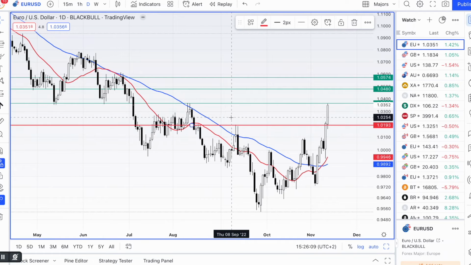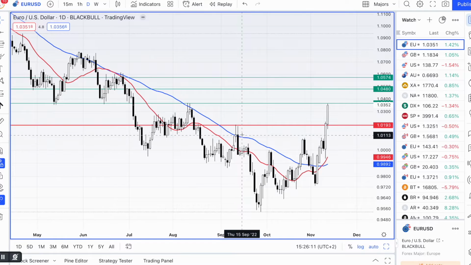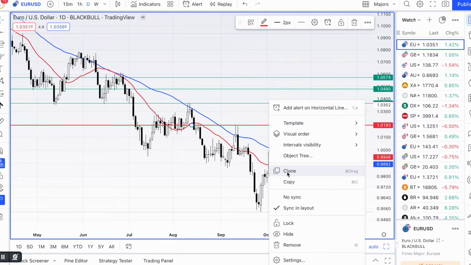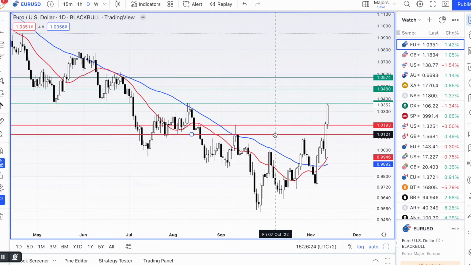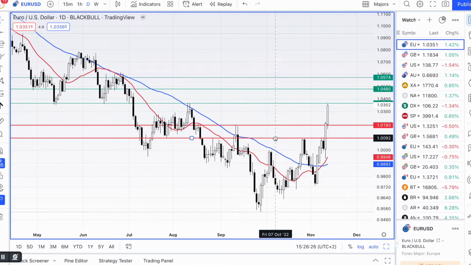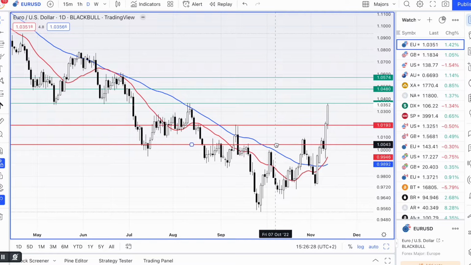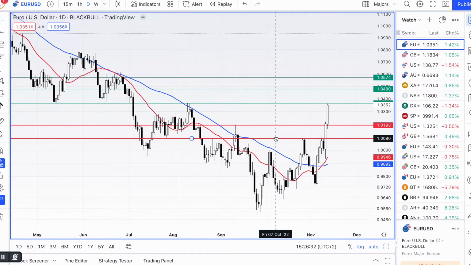That's obviously support, because it was prior key resistance there at 1.02, and we could even draw another one in there. So let's put another one in just at the last resistance before that. We could even get as low as back down to parity, but I don't think so, because we've got some upward momentum now.